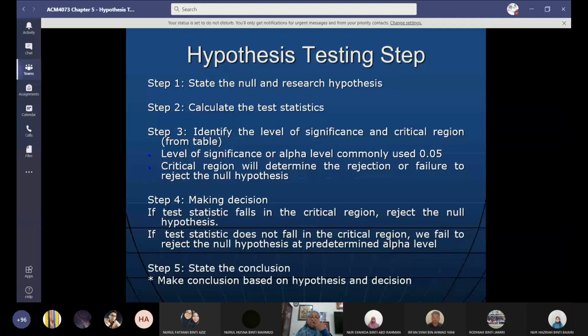You should go direct to that decision. You don't need any doubts with that differences because it's more than 0.05. But if it is less than 0.05, then there is differences. It is significant. Critical region will determine the rejection or failure to reject the null hypothesis.